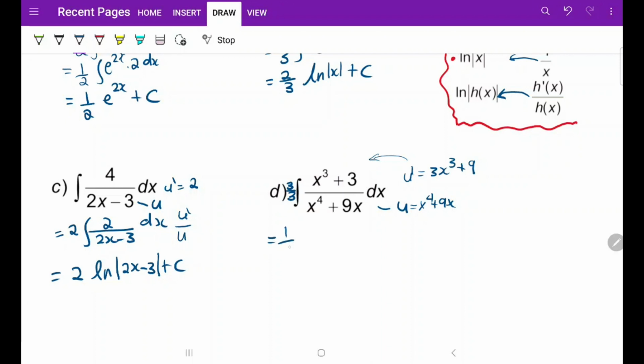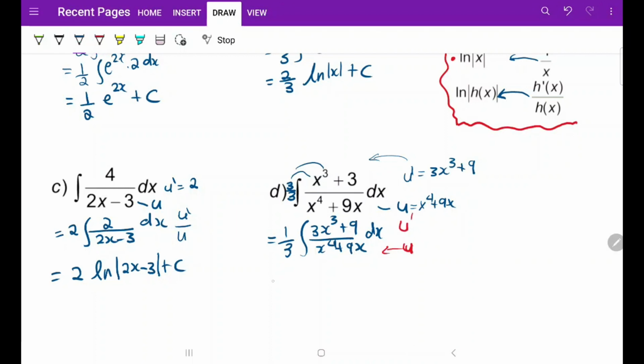And what that does, we can rewrite our integral now by multiplying the 3 inside, giving us 3x to the 3 plus 9 over x to the 4 plus 9x. And again, in this situation, you'll be happy to see that the denominator is the function u, and the numerator is the derivative of that.